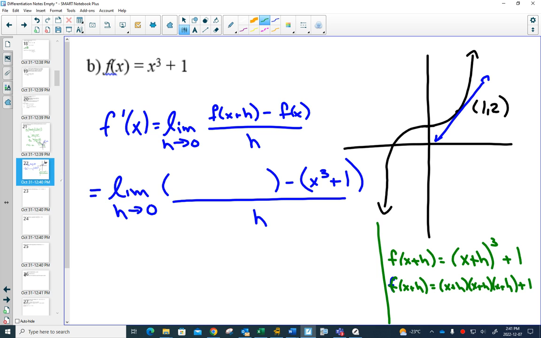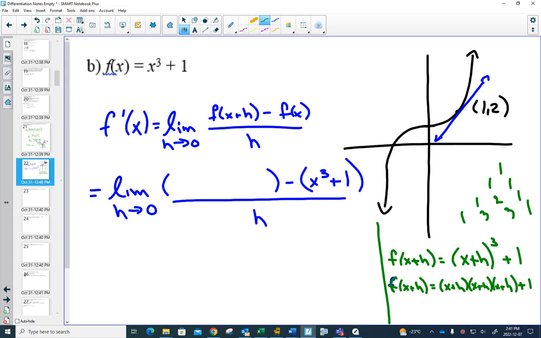Do you remember how to multiply 3 things? Well, 2 things you could do. Method 1, you could multiply 2 of them, get x squared plus 2xh plus h squared, and then multiply that by x plus h and get it. Or maybe you remember how to use Pascal's triangle. This is binomial expansion. So Pascal's triangle, can you see with the exponent of 3 you would have 4 terms.